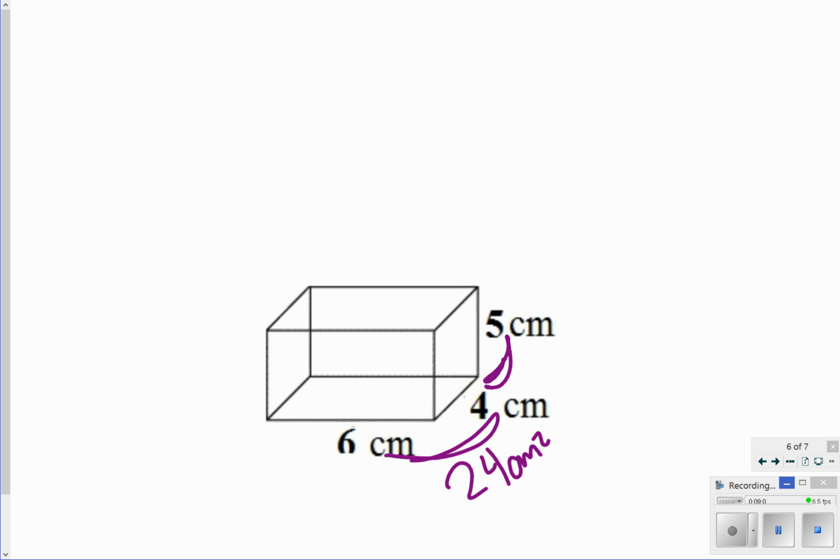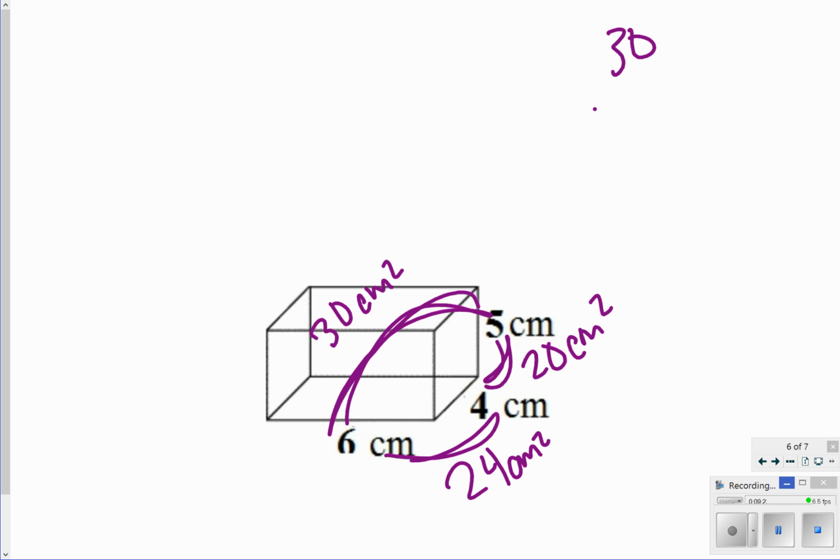And 4 times 5 would be 20 centimeters squared. And if we go around, 5 times 6 makes 30 centimeters squared. So if we have 30 and 20 and 24, that gives us a total of 74 centimeters squared.